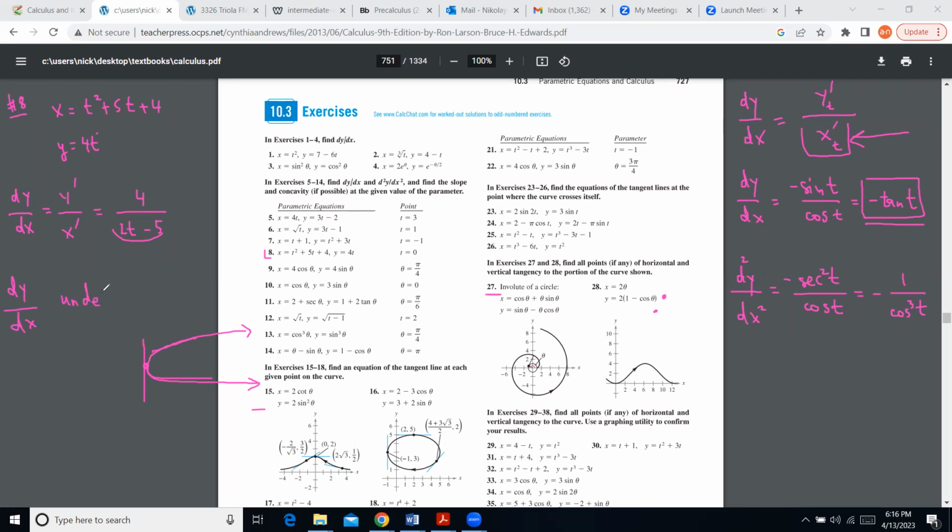That means the slope of the tangent line does not exist, or it's a vertical line. So the denominator is 0, so t is 5/2, or 2.5 if you wish.